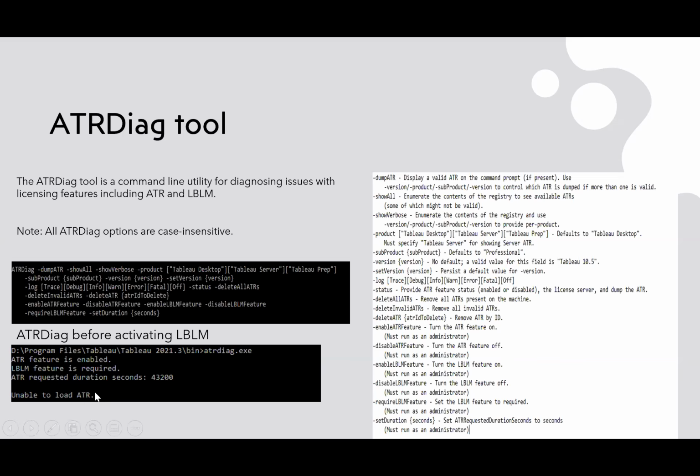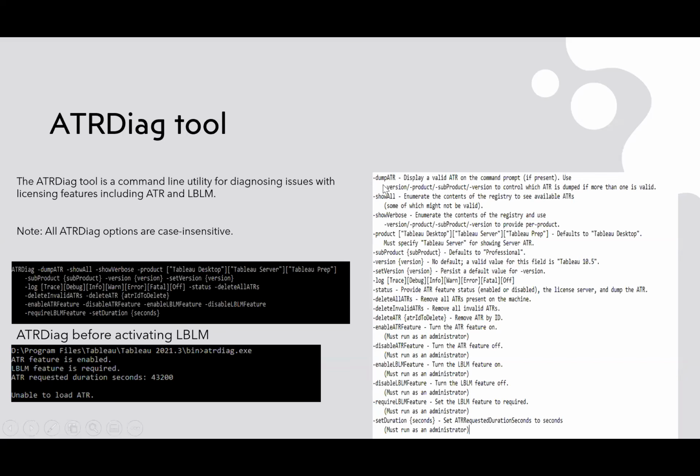Let's say you have some issues and you feel that there are some invalid ATRs. You need to delete the ATRs, or clear all the ATRs which were created previously, and see what product is using that ATR token.